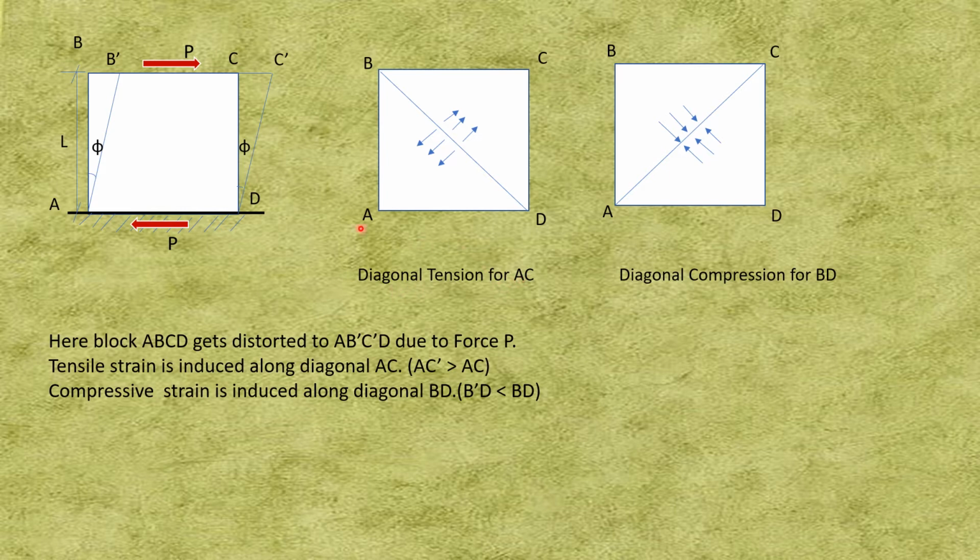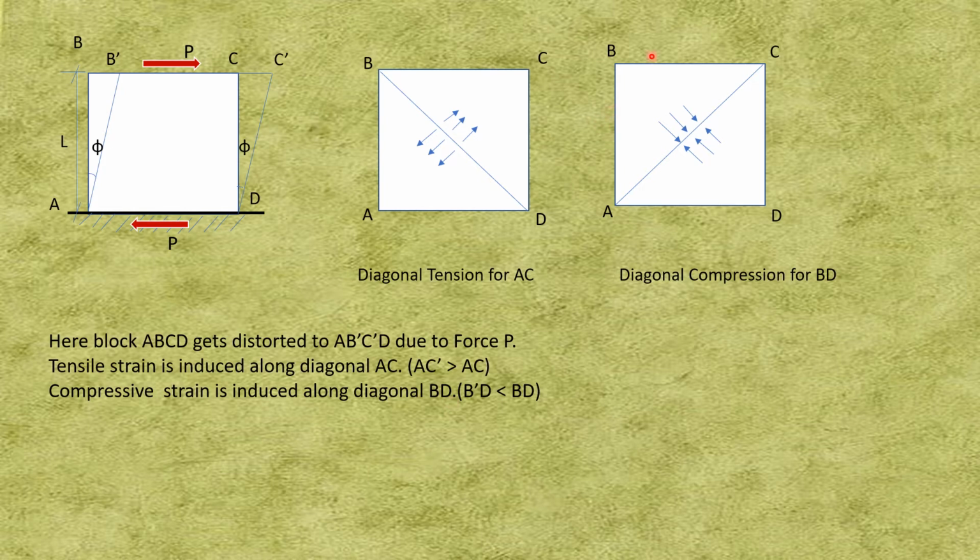Similarly, let us consider the diagonal BD. The diagonal BD has changed to B dash D. Here we can very easily observe that B dash D is smaller than BD. It means the length of BD has reduced to B dash D. There is a reduction in length, meaning compressive strain is induced along the diagonal BD.